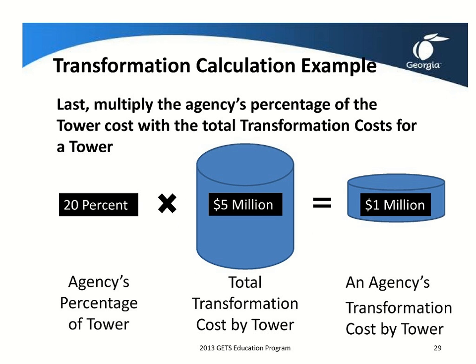So lastly, we multiply the agency's percentage of tower cost with the total transformation cost for a tower. So you have that 20% that we calculated on the previous slide. We multiply it by the total transformation cost by tower, in this example, $5 million. So an agency's transformation cost by tower, in this case, will be $1 million.